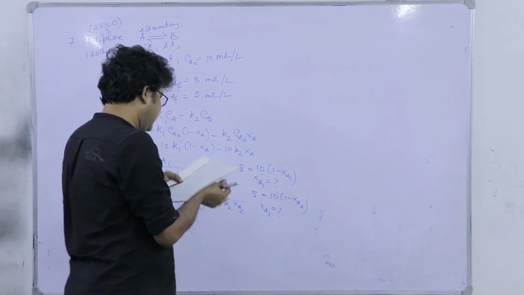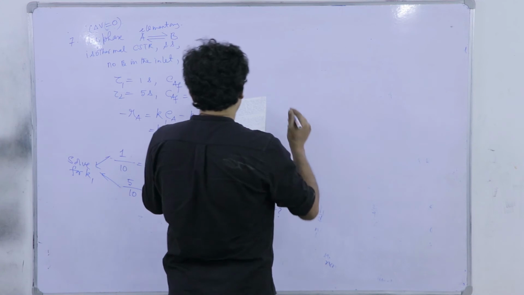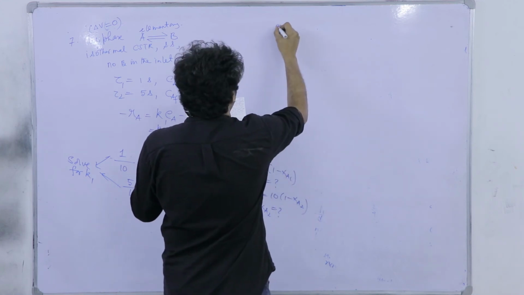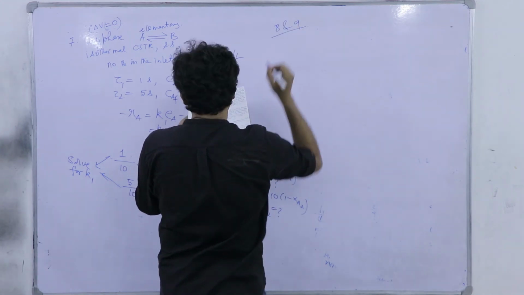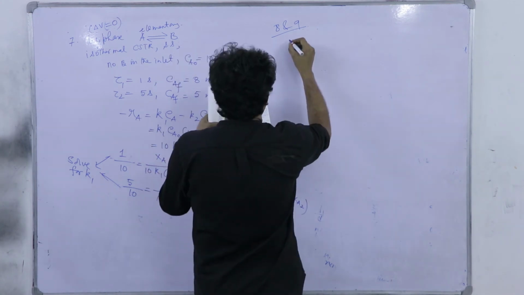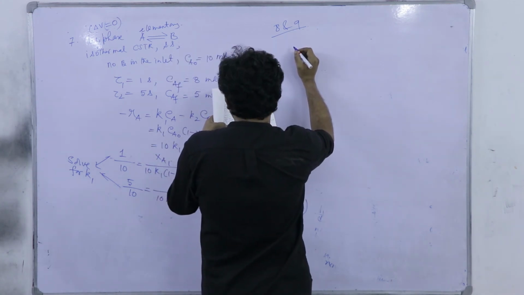Let us answer this linked question 8 and 9. A liquid is flowing through a reactor at a constant flow rate.